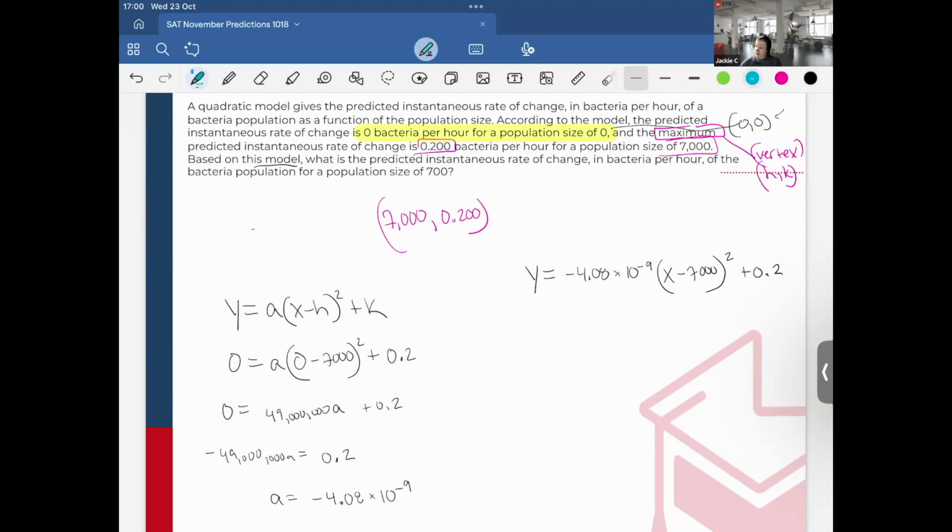So final step, I have the model, so I need to find what the bacteria rate of change is for a size of 700. So now I'm going to plug this in for x. And then plus 0.2. And let's see what that gives me.